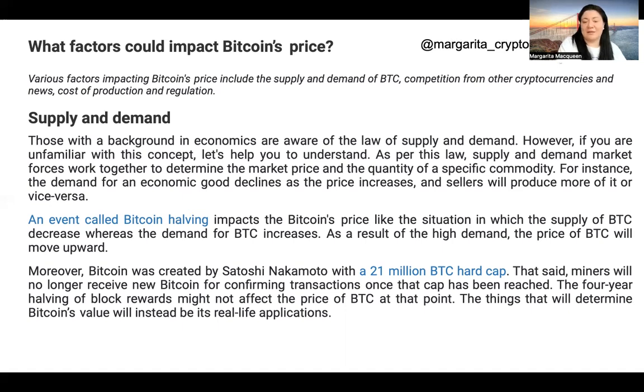Moreover, Bitcoin was created by Satoshi Nakamoto with a 21 million Bitcoin hard cap. So it's maximum supply. Some coins or tokens or shitcoins, whatsoever, altcoins, some of them have max supply.